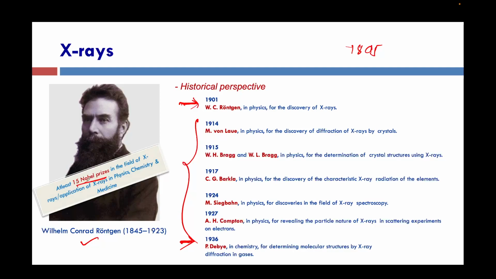So in a span of 30 years, 15 Nobel Prizes were given to different scientists. That was the craze of X-rays, you can say.